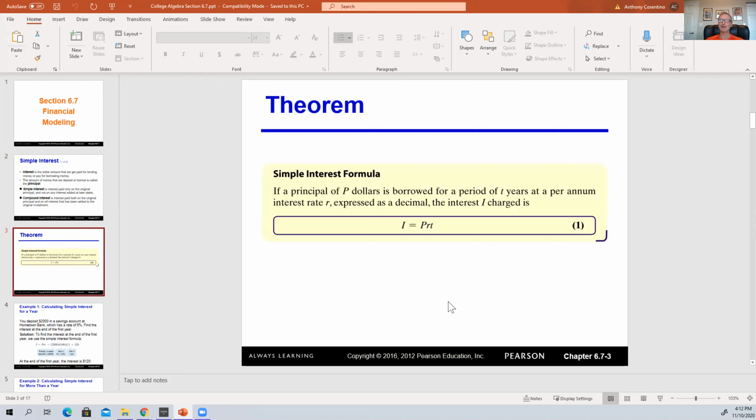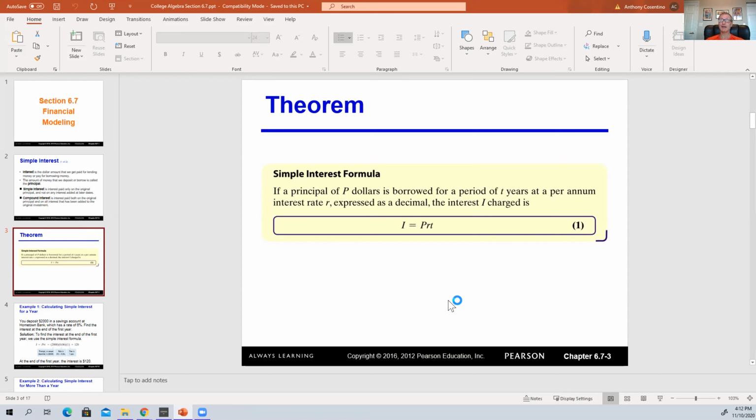And so you could see that the interest I is equal to the principal P, interest rate R, times time. Now, when we talk about interest rate, we use percentages, but when you plug them into the equation, you always want to plug them in as a decimal. So for example, a 6% interest rate would be 0.06 in this equation.